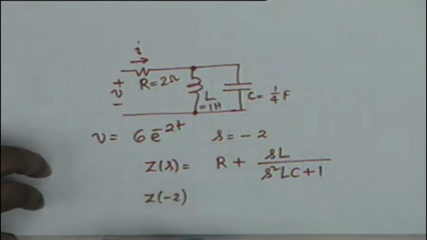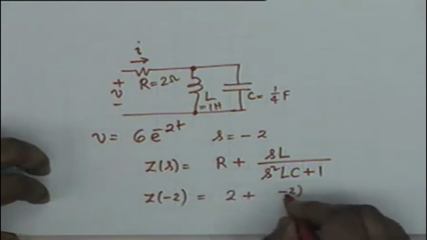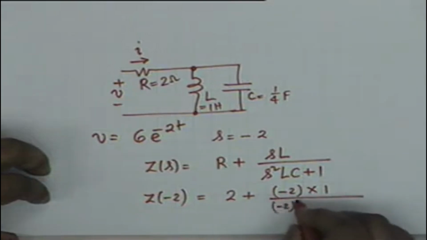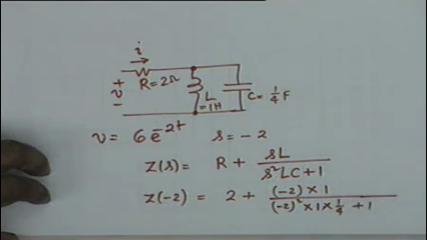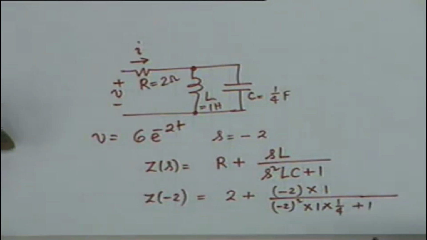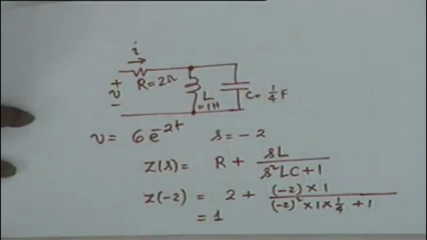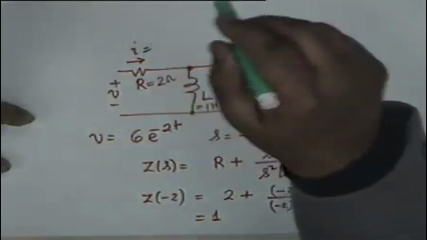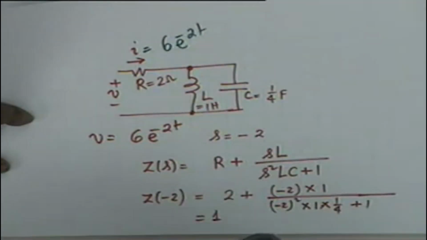Z of minus 2 would be equal to 2 plus (minus 2 multiplied by 1) divided by (minus 2 squared times 1 times 1/4 plus 1), which means Z of minus 2 equals 1. So what do you think this current shall be then? V by I is Z of s, so it will also be 6 e to the power minus 2t. Is that clear?